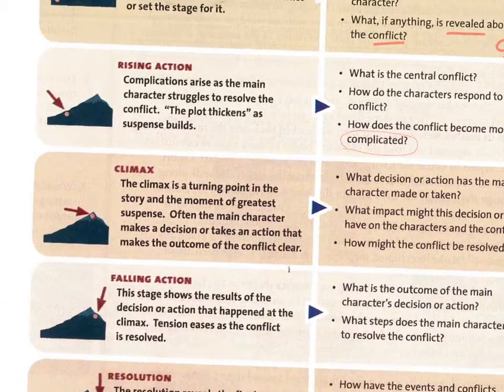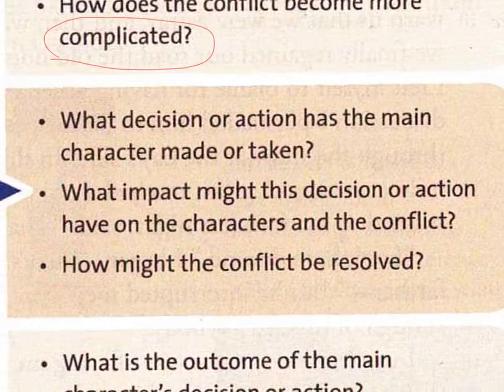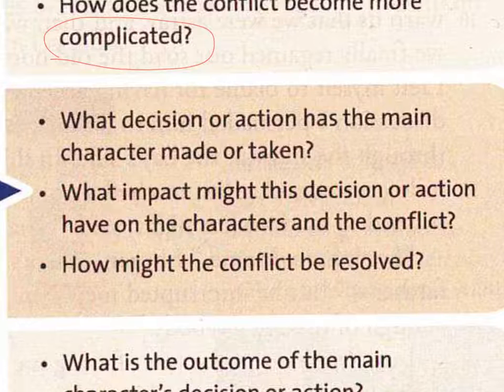And climax. What questions do strong readers ask themselves during the climax to analyze the story? What decision or action has the main character made or taken? Very important. What did the main character do or decide that is leading to this climax or leading out of it?